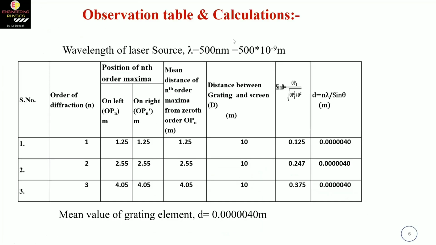This is the observation table. Order of diffraction n equals 1, 2, 3.